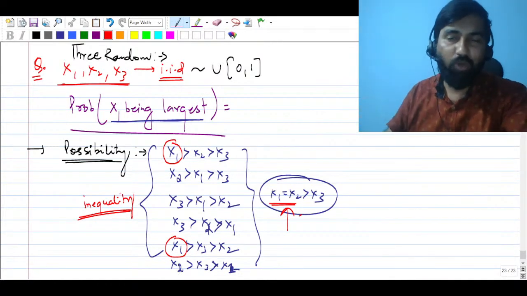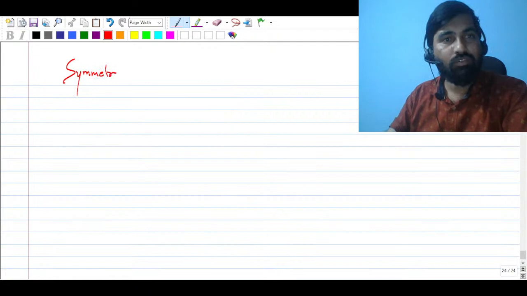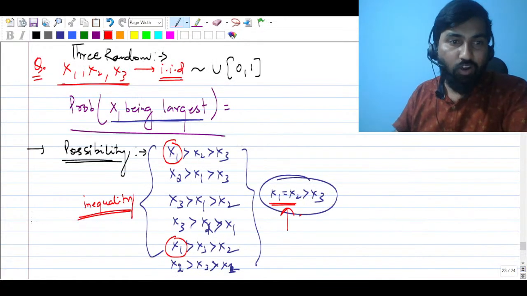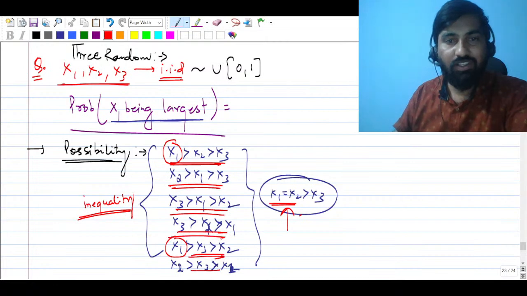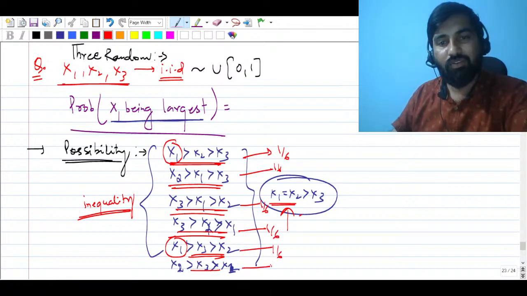So again you can employ the symmetry concept. From the symmetry what you can say is that the probability of each of these orderings will be 1 by 6.